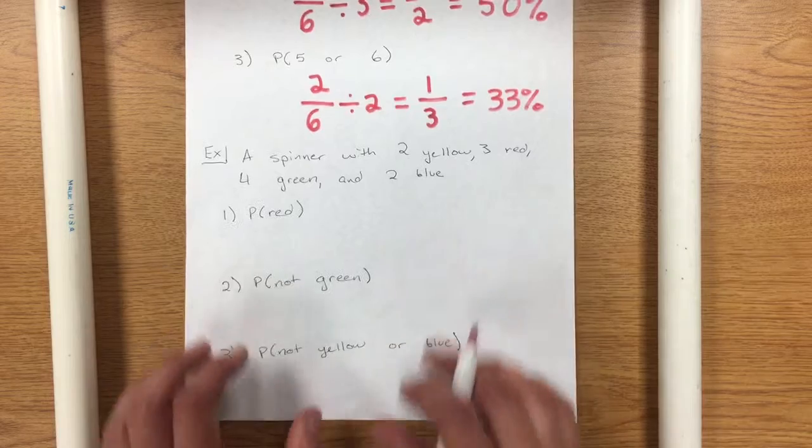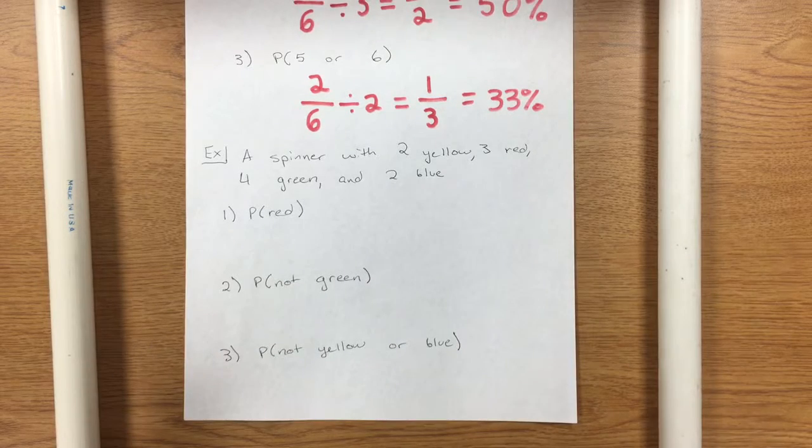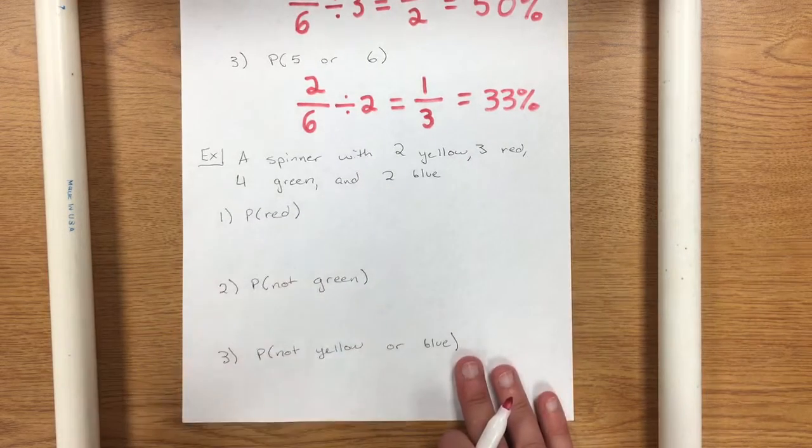All right, our next example. We have a spinner with 2 yellow, 3 red, 4 green, and 2 blue. So we have a spinner and it has all of these different colors on it. If we're spinning one time, what is our probability of getting red?